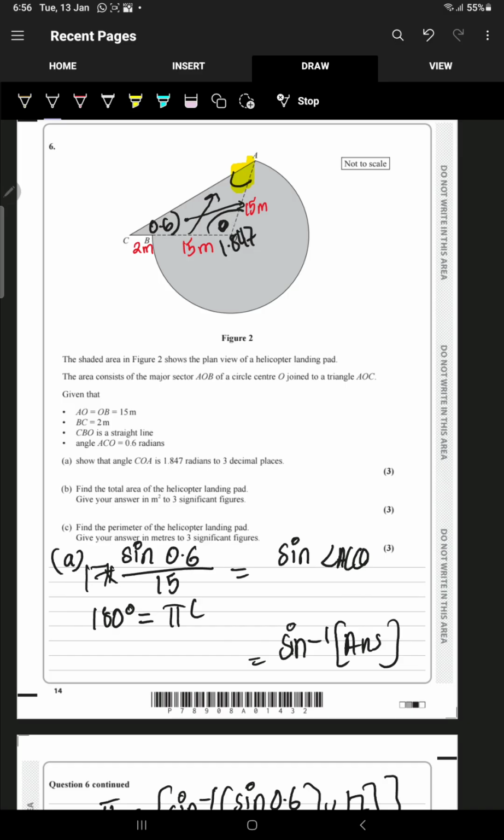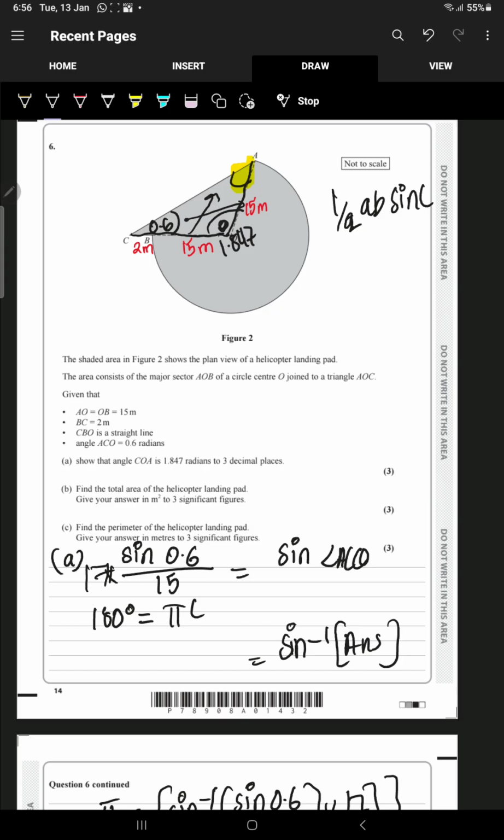So we can find the area of the triangle, because we have these two sides, which is required for the area of a triangle, half times AB sine C. So we have AB and angle C.